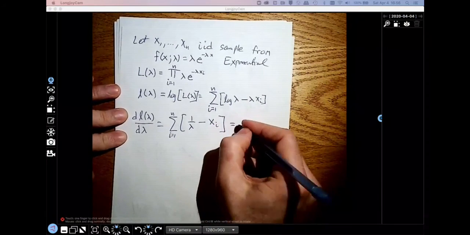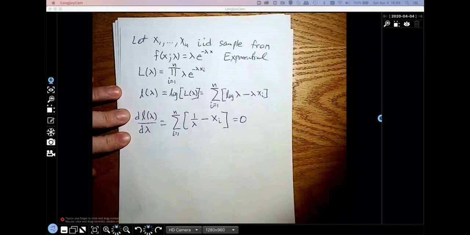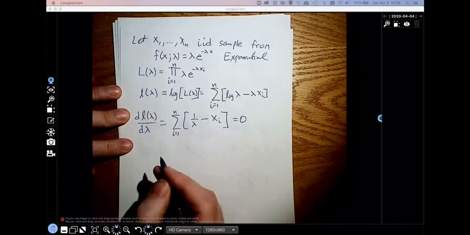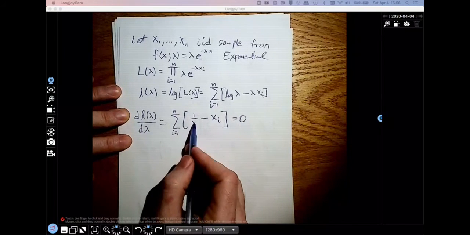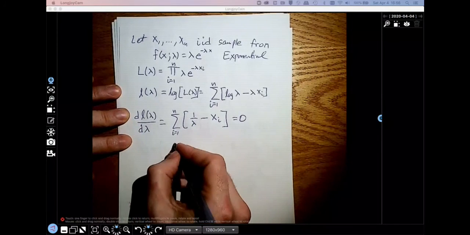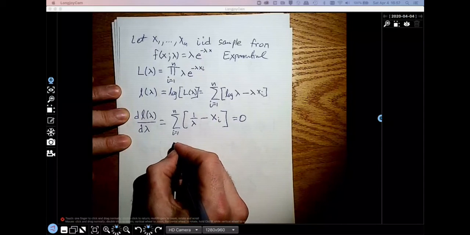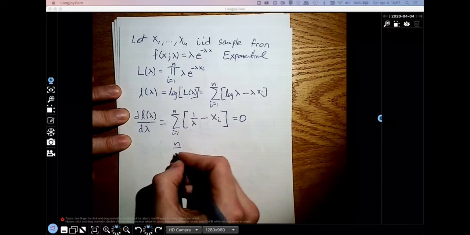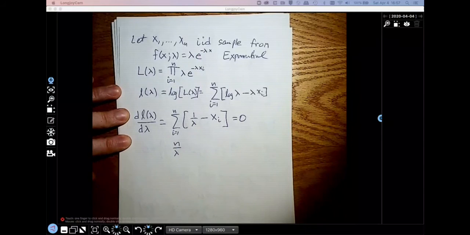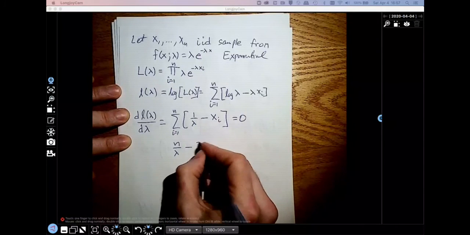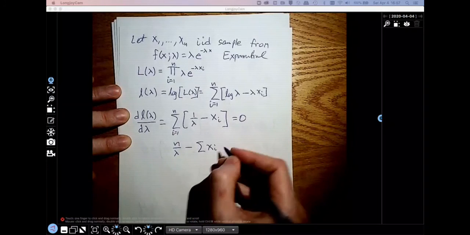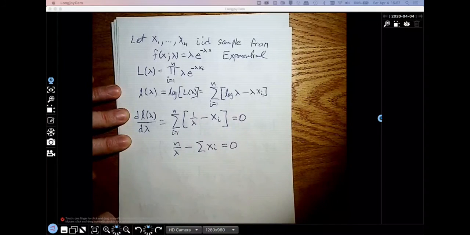So we're going to set this equal to 0. And let's go see what we end up with. So I have n copies of 1 over lambda, so n over lambda. And then what do I have here? I have the sum of my xi's, and that all has to equal 0.